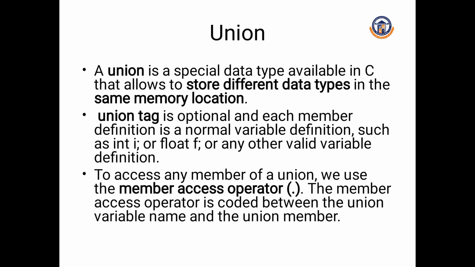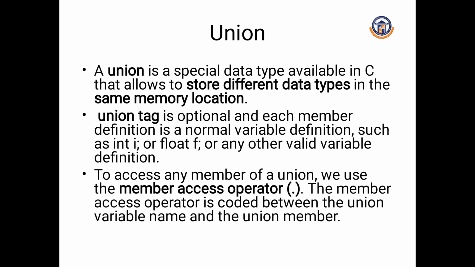All those different data types we can store within a specified memory location. But in structures, all those data types will be allocated different memory locations. In union, all the data types specified inside the union will have the same memory location.